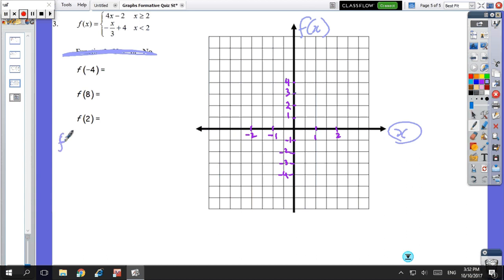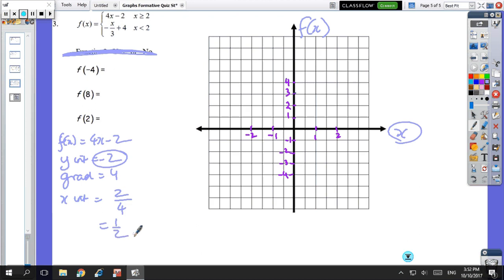Okay, so we've got f(x) equals 4x minus 2. The y-intercept is minus 2. The gradient is 4. The x-intercept is, you take the y-intercept, change the sign, and divide by the gradient, so it's a half. So I'll change colours. So half for the x-intercept, the y-intercept is minus 2.